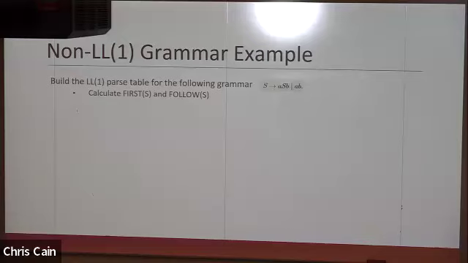A. What's follow of S? B, dollar sign? Yep. Now build the LL1 parse table. How many rows are in the LL1 parse table? Just one. How many columns? Should be 3 columns. 1 row, 3 columns. S is the only row, A, B, and dollar are the columns.